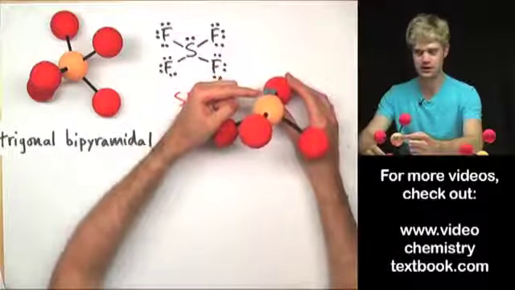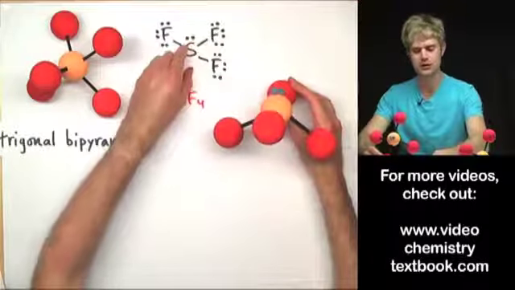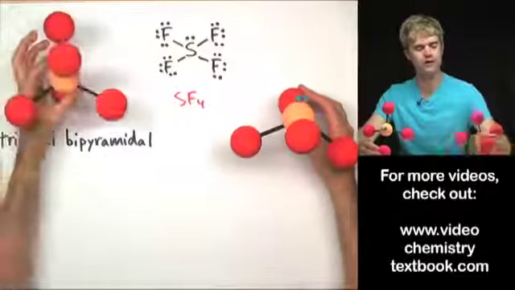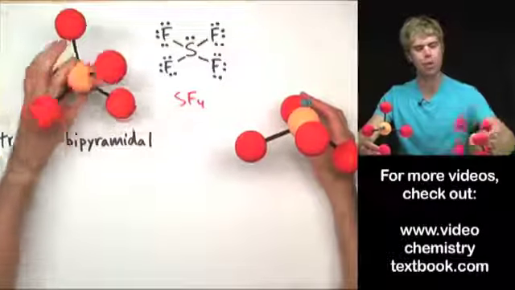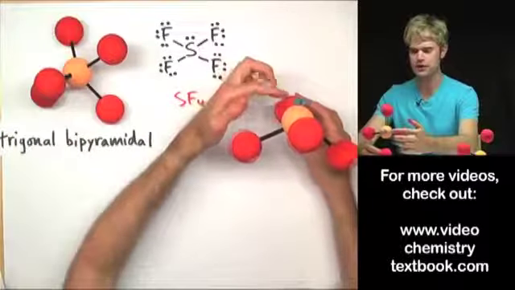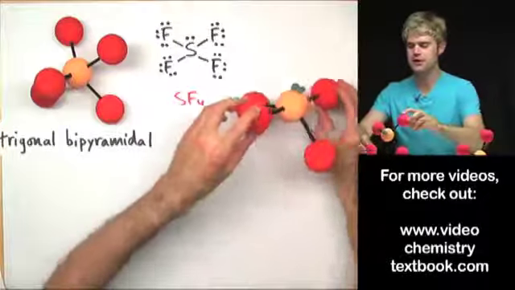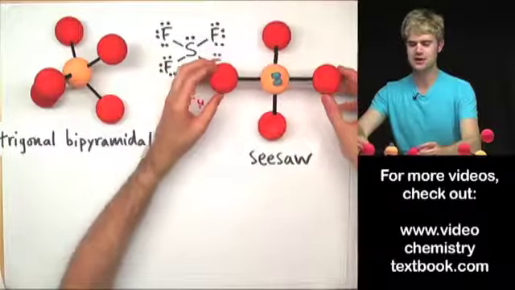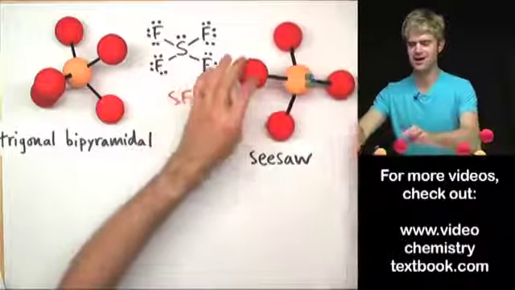So this unshared electron pair is this right here. So I've got 4 atoms, and one of these equatorial atoms that was over here on the trigonal bipyramidal has been replaced by an unshared electron pair. This shape is called a seesaw, and that's because it can kind of look like a seesaw.